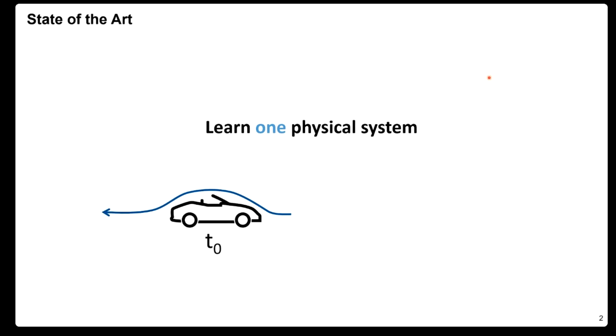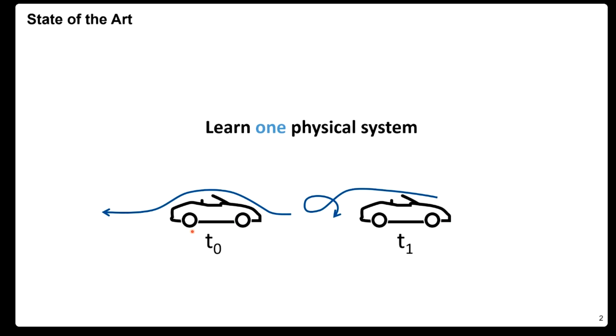The current state of the art for these physics surrogate models is usually that these models learn one physical system. You have a car in this example at a specific time step, and then the model just predicts the next time step, what happens with the air around the car in the next time step.